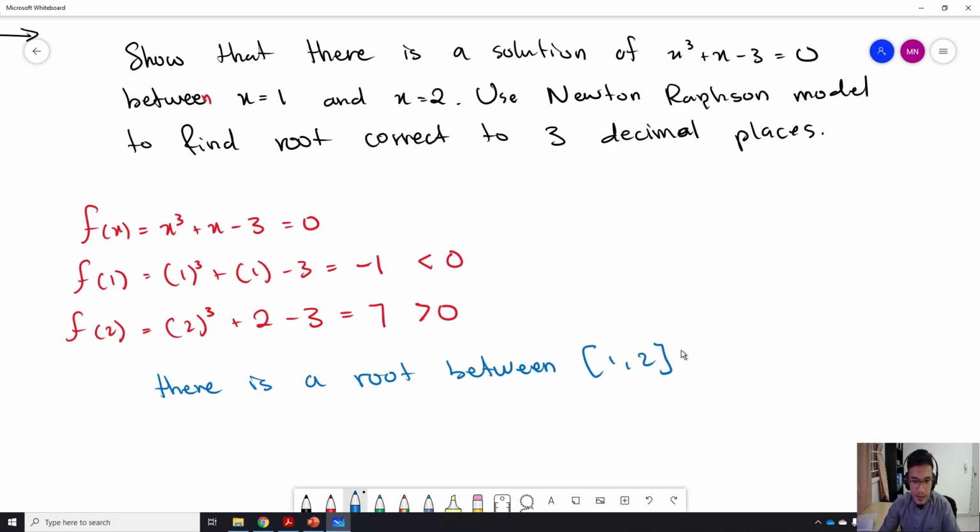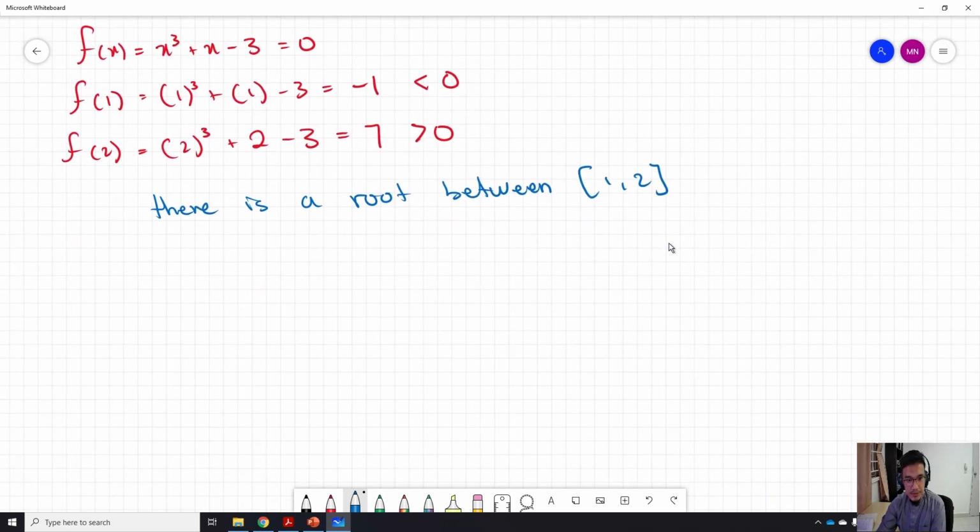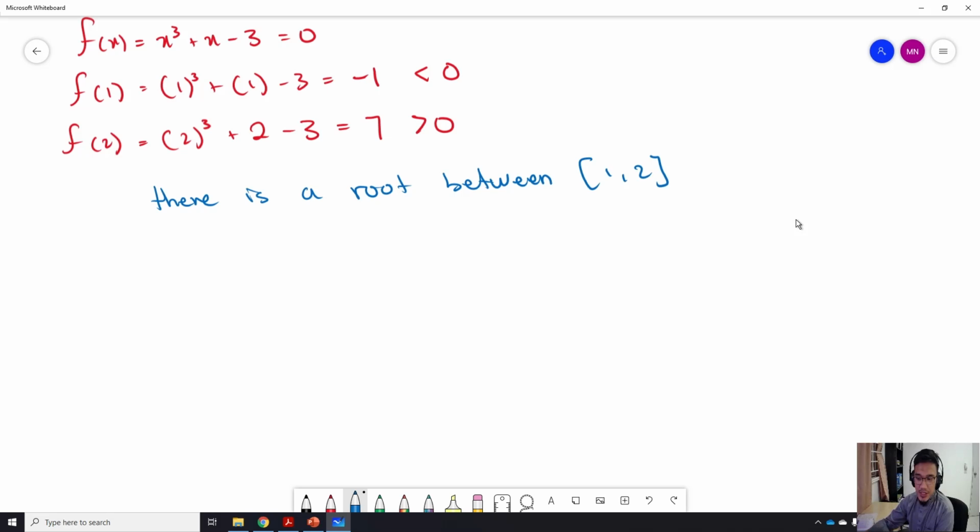Okay, so now let's move to the Newton-Raphson method, sorry, it's not model, it's method. Let's move to the Newton-Raphson method to find the approximation value of the root. To find that, first we differentiate the function, and that gives us 3x squared plus 1.